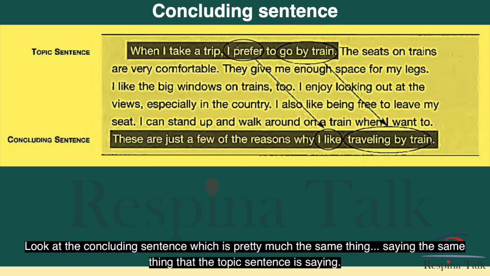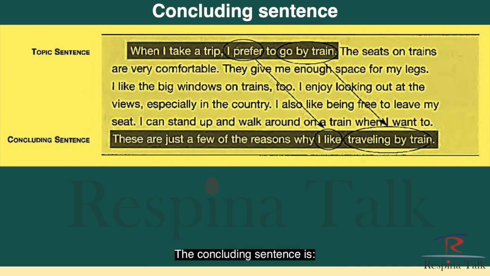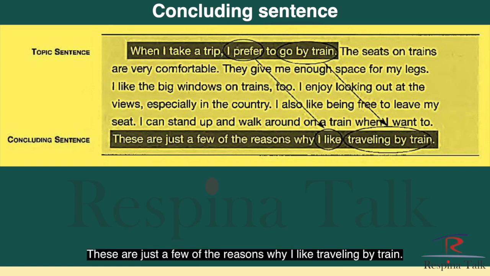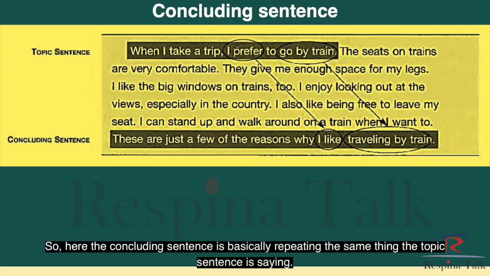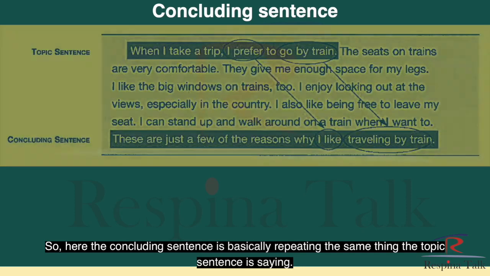Now look at the concluding sentence, which is saying the same thing that the topic sentence is saying. The concluding sentence is, "These are just a few of the reasons why I like traveling by train." So here, the concluding sentence is basically repeating the same thing the topic sentence is saying.